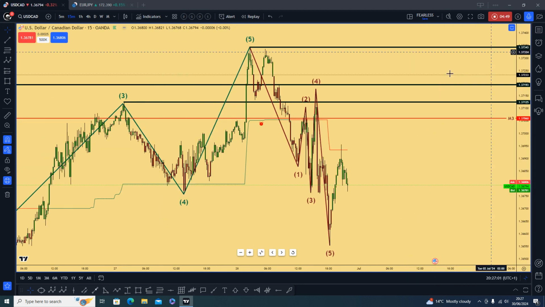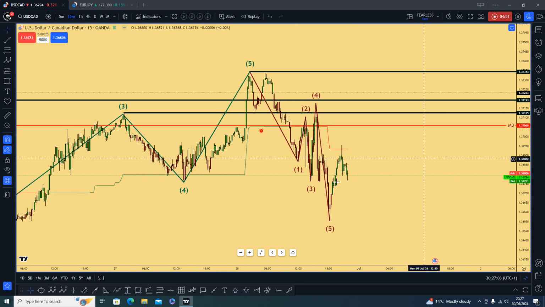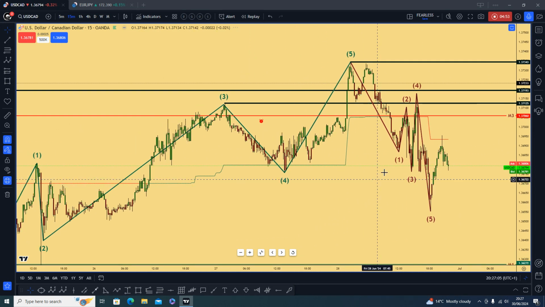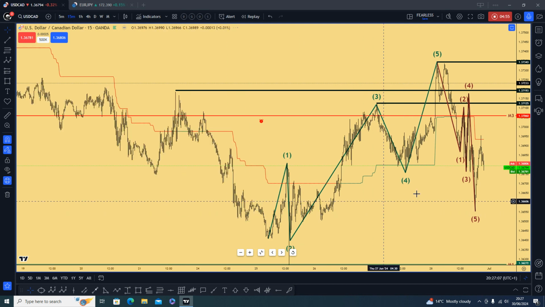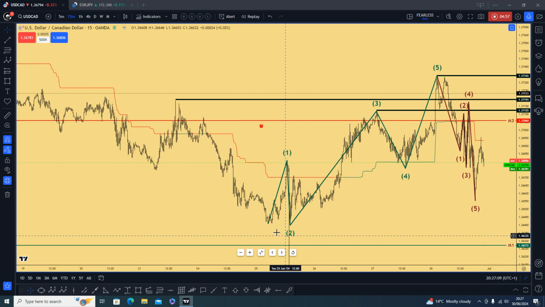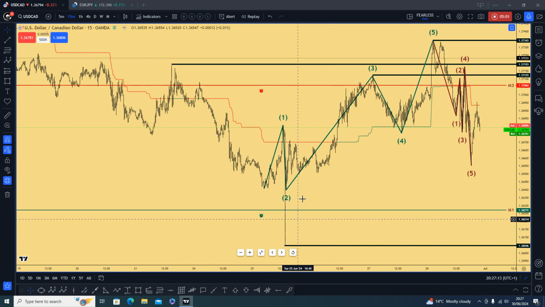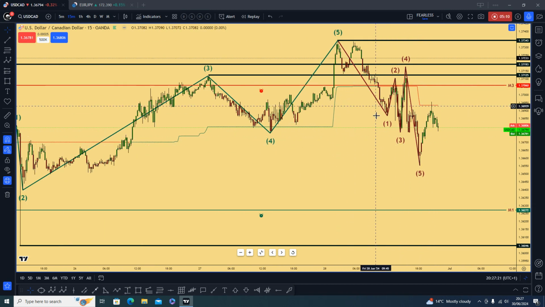The dollar CAD, this was the trade we were taking on Friday, alongside the pound dollar. Look at this. This here we have 0 1 2. 2 was a... That one came through the news, but we had a 3, which gives us a high probability of 5. We saw the 5 after the pullback. And what we can see here is the 4 has been traded, so that has satisfied this uptrend.